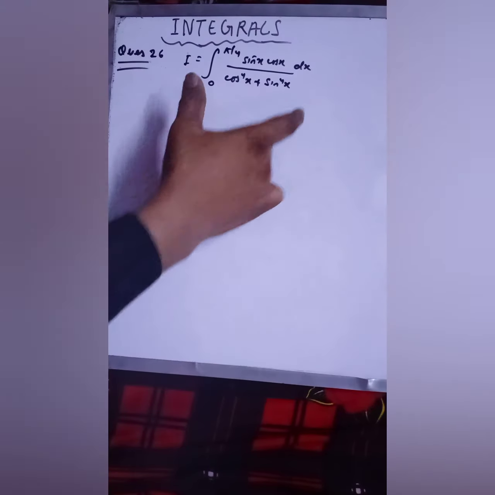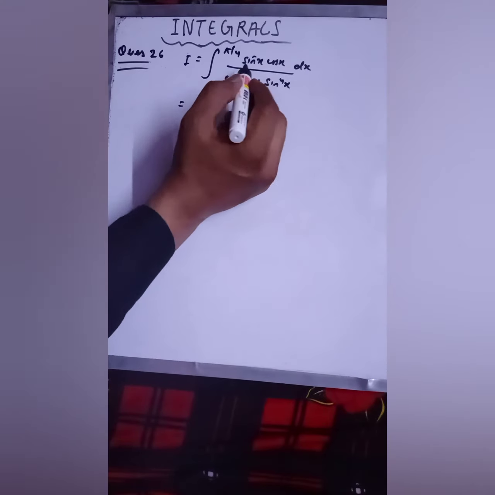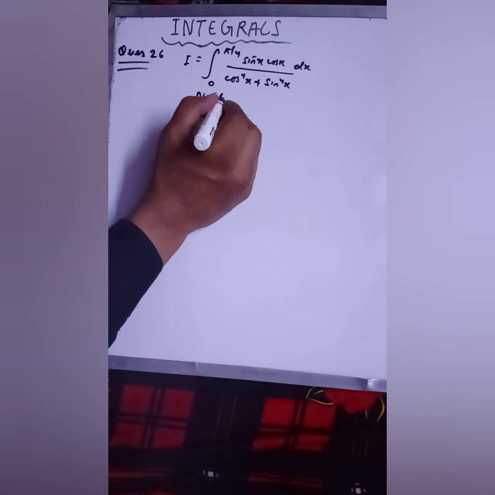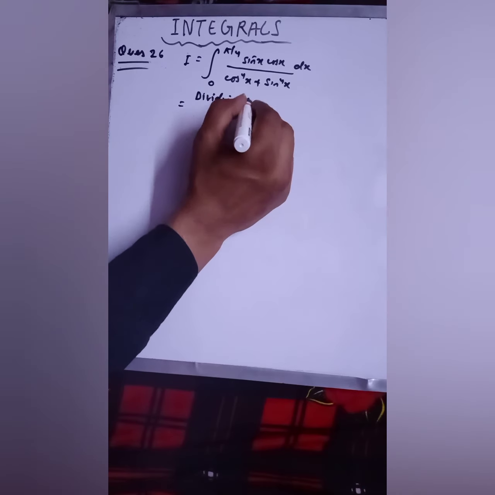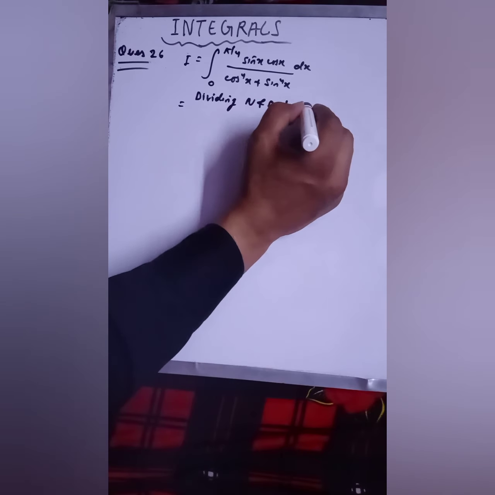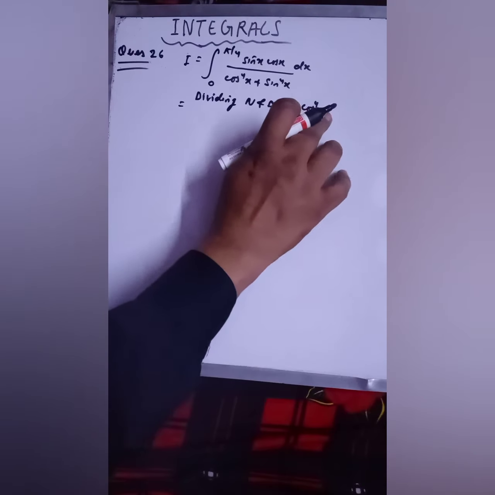So this is your question. In this question what you have to do is divide the numerator and denominator by cos 4x.